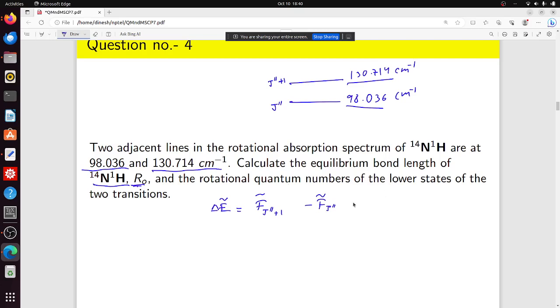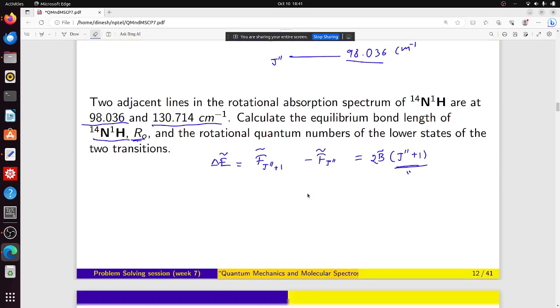Okay, so in the previous question I told you that the energy difference between the adjacent states is 2 b tilde times j double prime plus 1. As the initial j was 0, that's why this was giving us 1 in those questions. Now we don't know the value of j, that's why we are writing it in the general form.